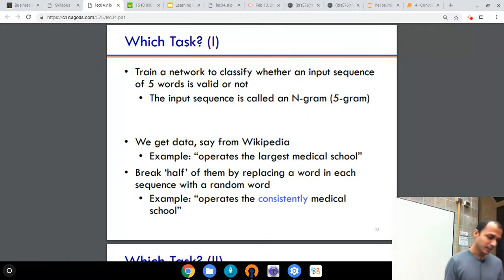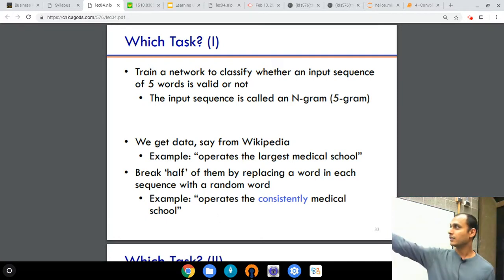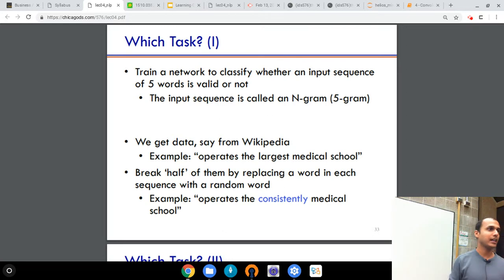Here's an example. Let's say the word sequence is "operates the largest medical school", some arbitrary phrase. You can arbitrarily change a word in that phrase.